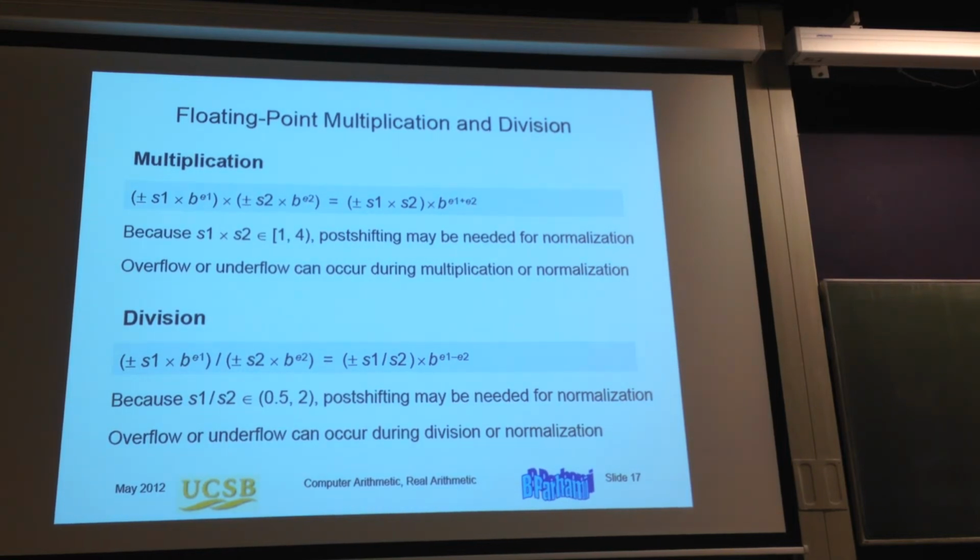Now, multiplication is beautiful. When I do multiplication, I multiply the significands, I add the exponents, and then again, I will maybe have to do some kind of normalization. But the normalization will not be that bad because I'm starting with numbers between 1 and 2.